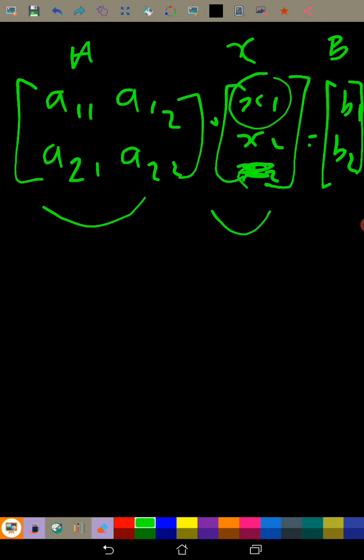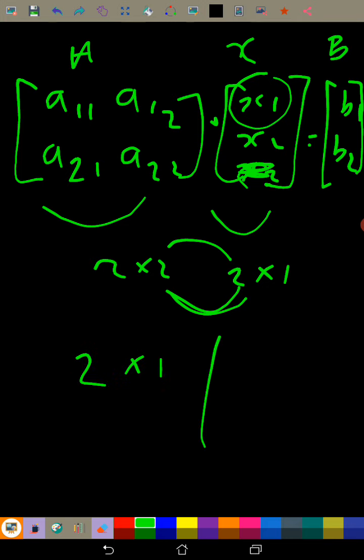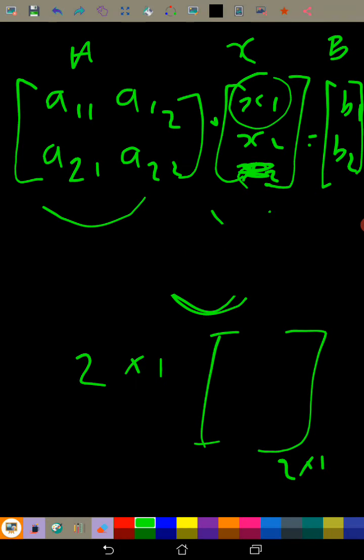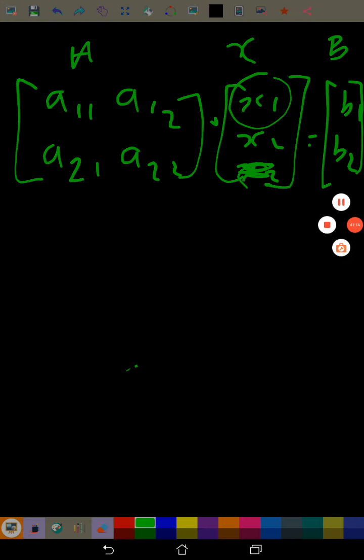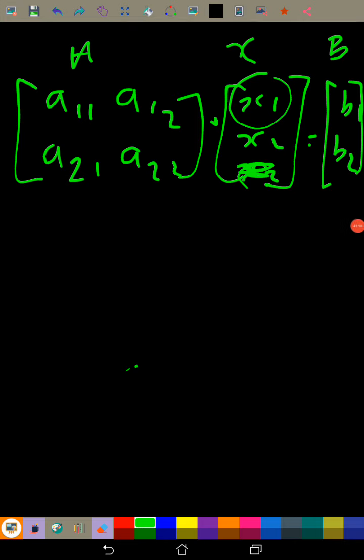If you multiply like this, it's 2 by 2 times 2 by 1. They are compatible, so can you multiply? Yes. You will get a 2 by 1, a column vector. So it's very possible to do it.